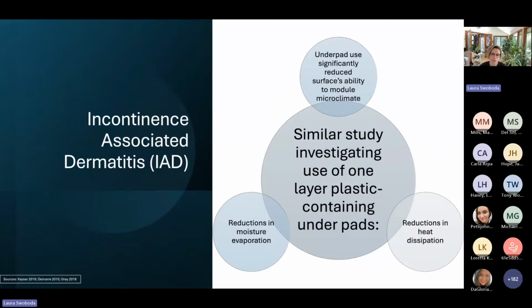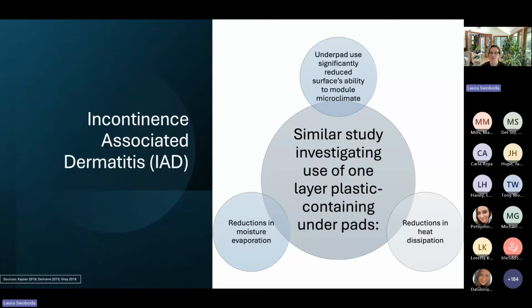A similar study was investigating one layer plastic containing underpads, which are particularly good at trapping heat and moisture, those plastic back pads, that you have reduced moisture evaporation, reduced heat dissipation, which is just a fancy way to say what I just said, right? It's good at trapping heat and moisture.